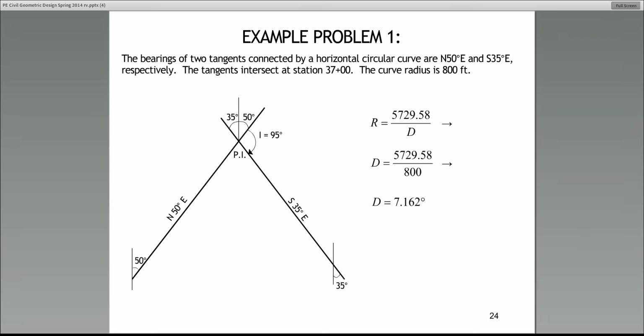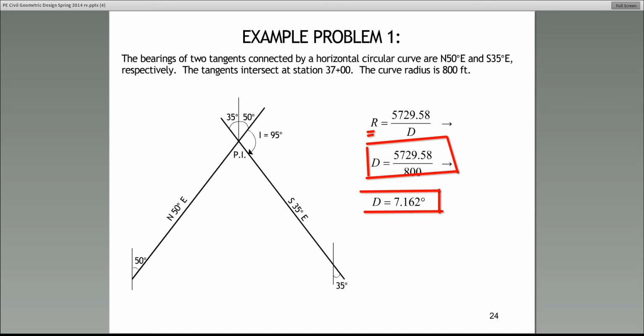Since the radius was given, I can use that relationship here to come up with the degree of curvature. I need it because it shows up in the equation for the length of the curve. If you do this correctly, D comes out to be 7.162 degrees. That's the degree of curvature.